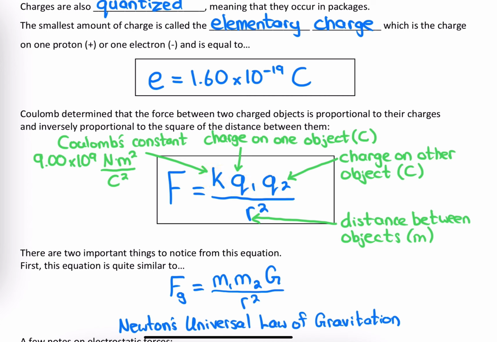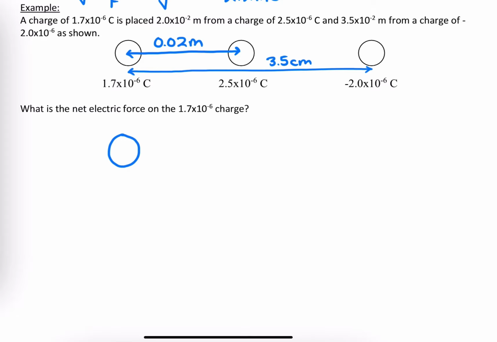So it's feeling a couple of forces. One from this object and one from this object. We're going to add those forces together to find out what the net force is. So, quick free body diagram for the object we're interested in. There's my 1.7 times 10 to the negative 6 coulomb charge.